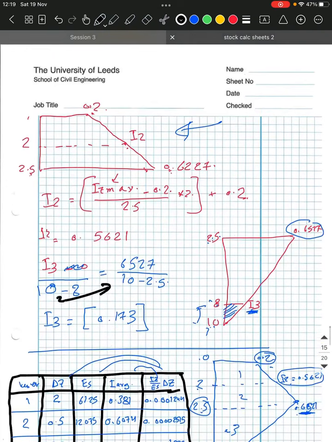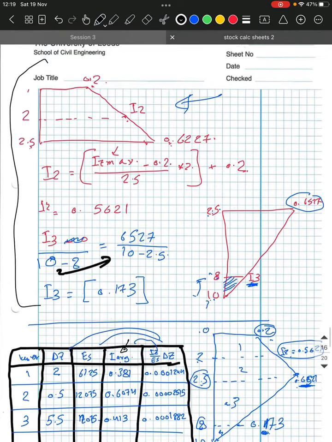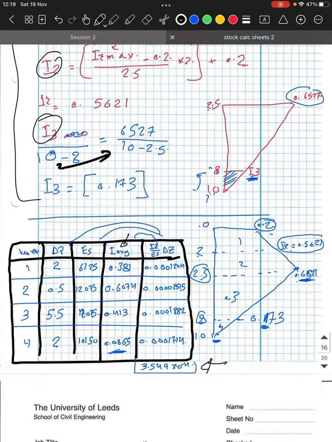How do I do that? By slopes and similar triangles. After I get all of these, I go into my table. But there is a trick here. I average, which means that whatever you calculated before, you're not going to use as the same thing for I2 and I3. Now you have to calculate I average for each layer.